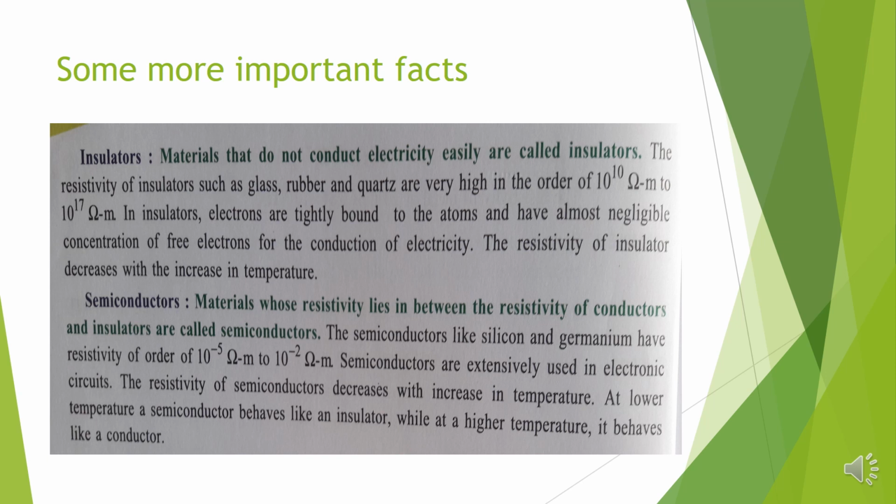These are very commonly used semiconductors. Remember these names. Semiconductors are extensively used in electronic circuits. The resistivity of a semiconductor decreases with increase in temperature. At lower temperature, a semiconductor behaves like an insulator, while at higher temperature, it behaves like a conductor.